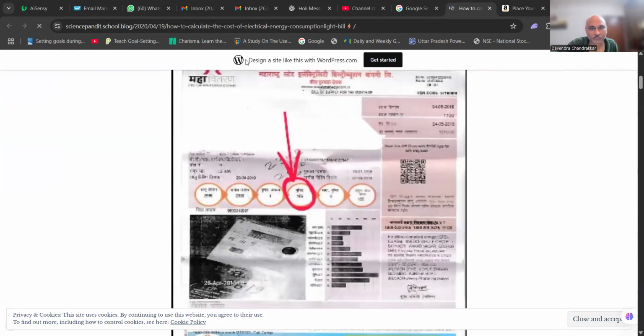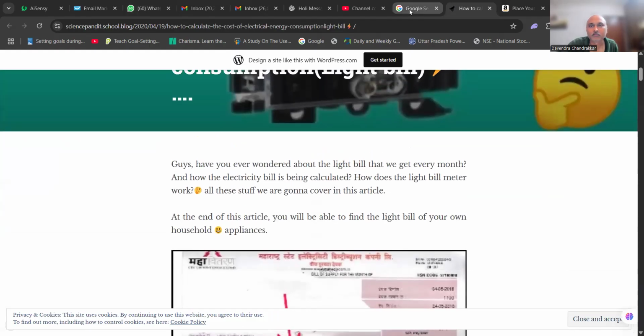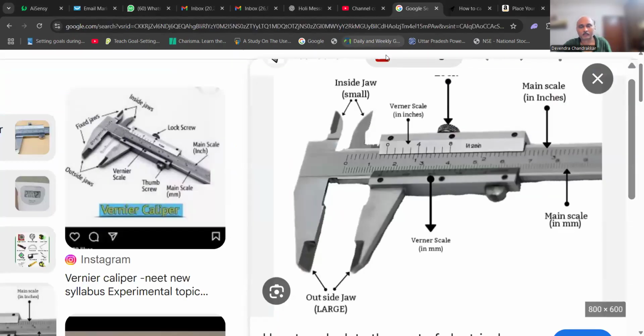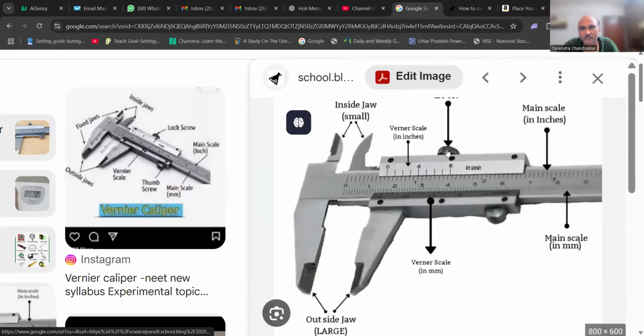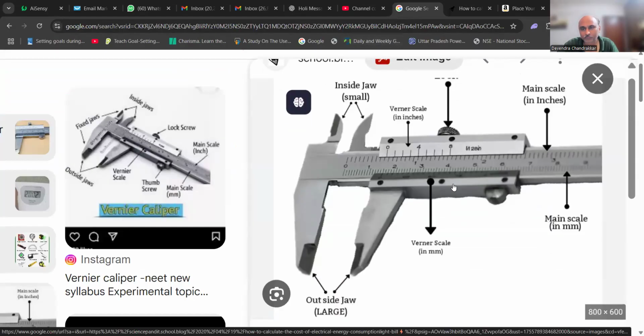This is the tightening screw. So once we fix the reading, the measurement is fixed, we tighten it and then we measure it. I hope all of you can understand it. Any doubts in understanding the parts of the vernier scale and main scale?